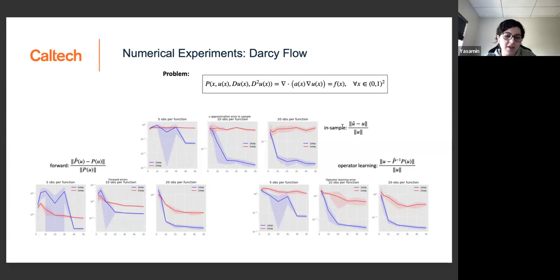So it really affects when we're discarding the rest of the data and the fact that they come from PDE, it really affects very much how well we can recover these things.